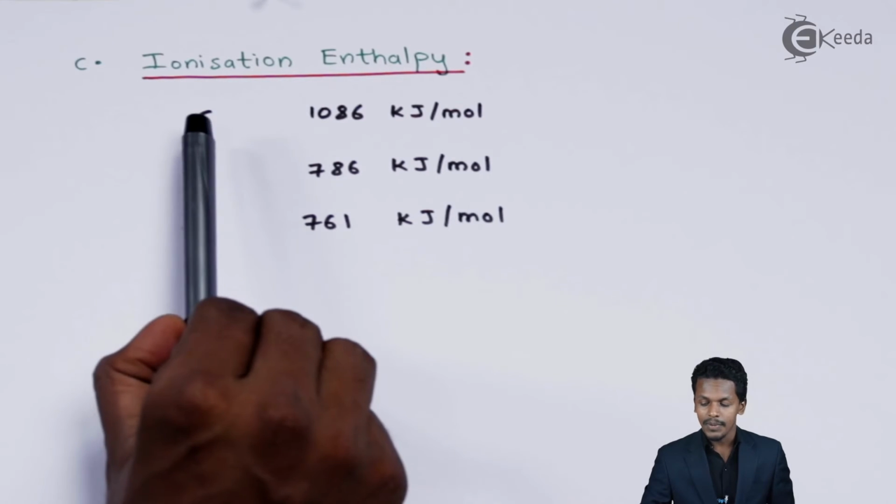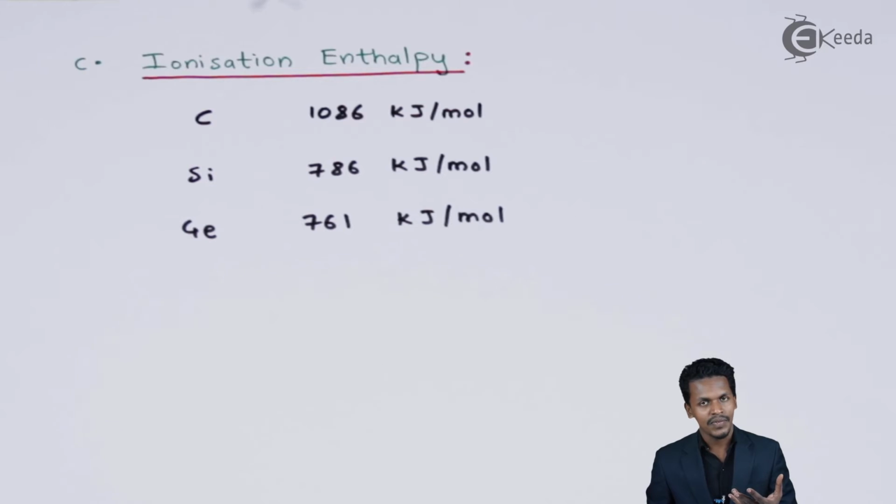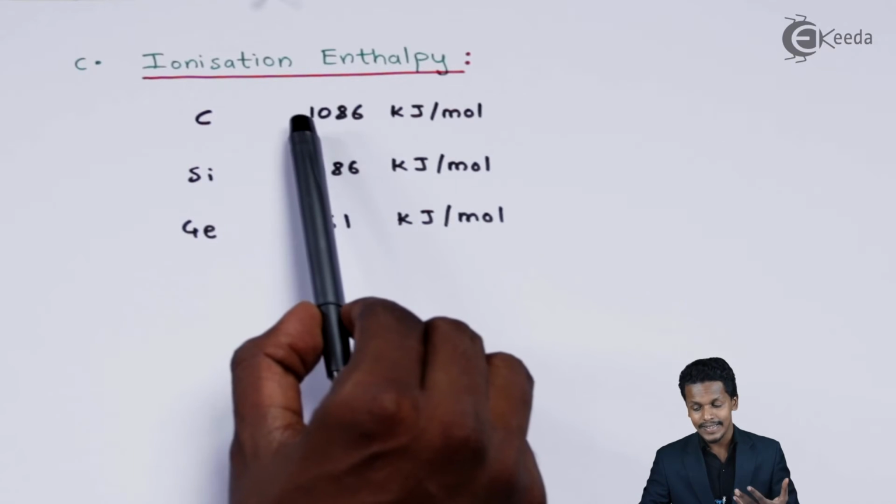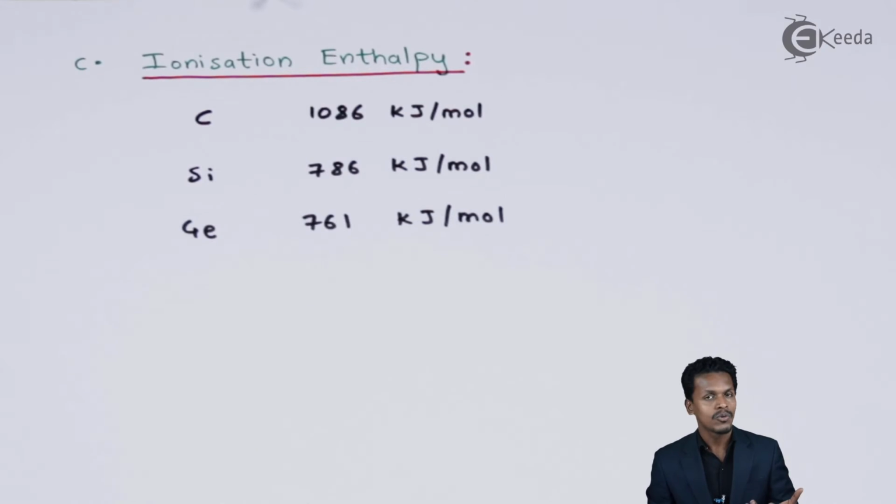If we talk about carbon, since it is the first element of group 14, 1086 kilojoule per mole of energy is required to remove the electron, because the atomic size is less, the ionization enthalpy is more, as well as because of the electronegativity. So there are various factors that determine why 1086 kilojoule of energy is required to remove the electron.